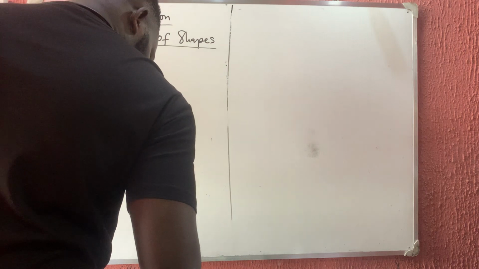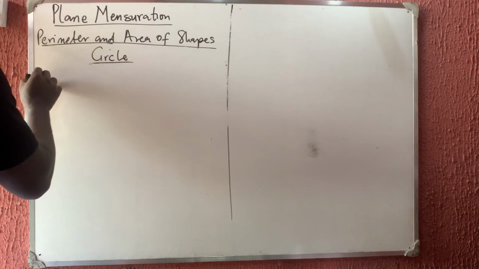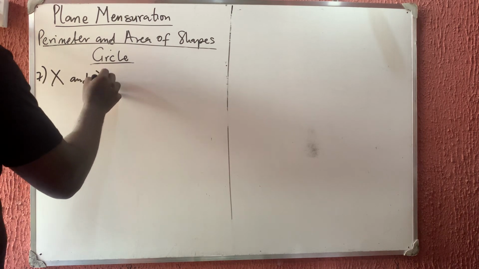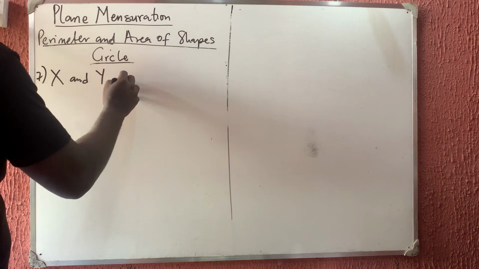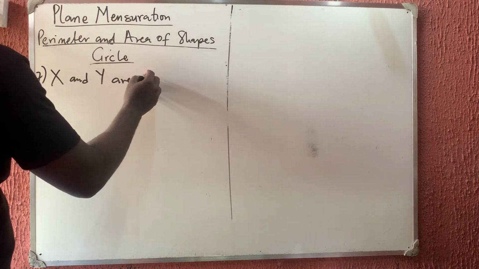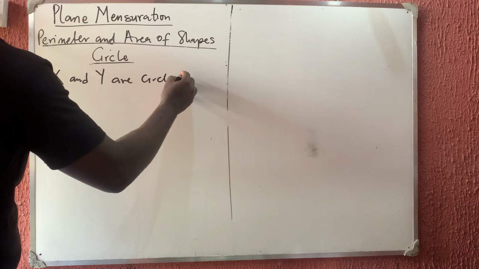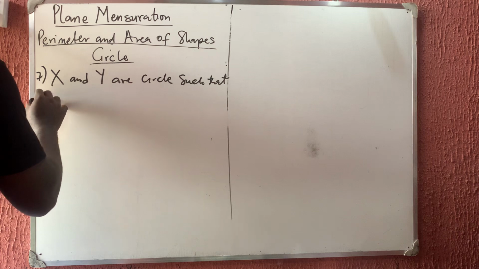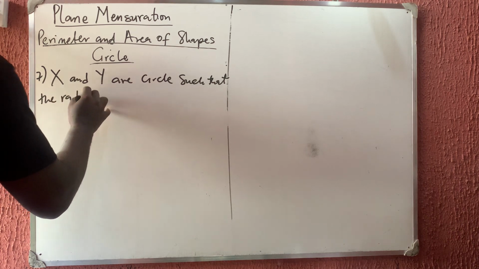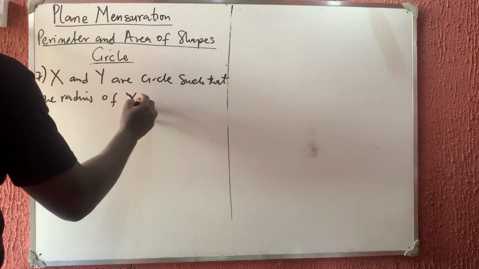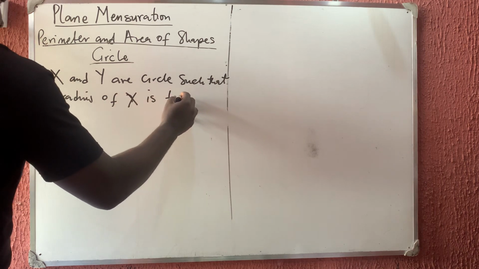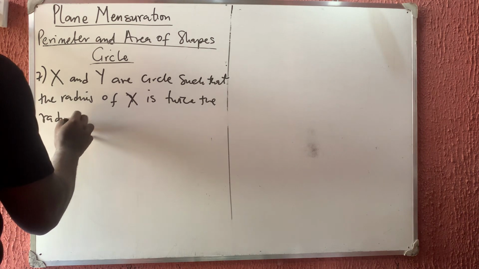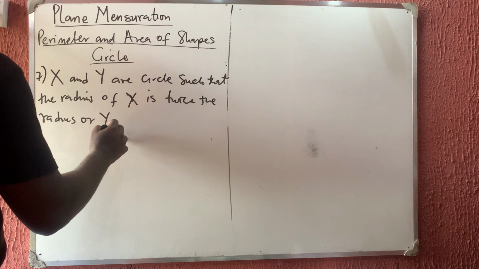The next question, question number 7, said that x and y are circles such that the radius of x is twice the radius of y.